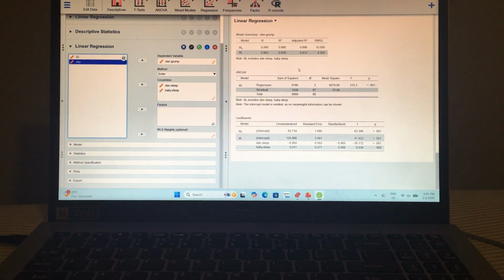This adjustment is an attempt to take the degrees of freedom into account. The big advantage of the adjusted R squared value is that when you add more predictors to your model, the adjusted R squared value will only increase if the new variables improve the model performance more than you'd expect by chance.